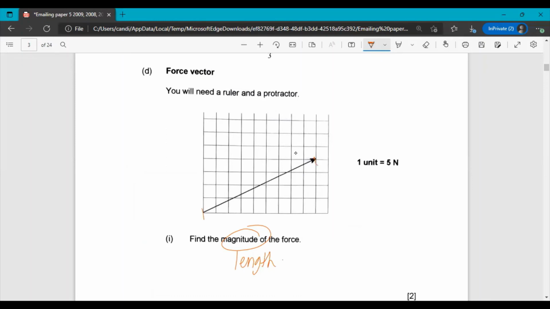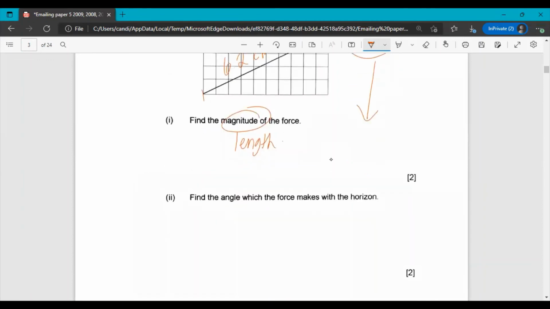You're going to take your ruler and measure it, and you should get about 6.2 centimeters. We're given a scale that every unit is 5 newtons. So you're going to say 6.2 multiplied by 5, which gives you 31 newtons.